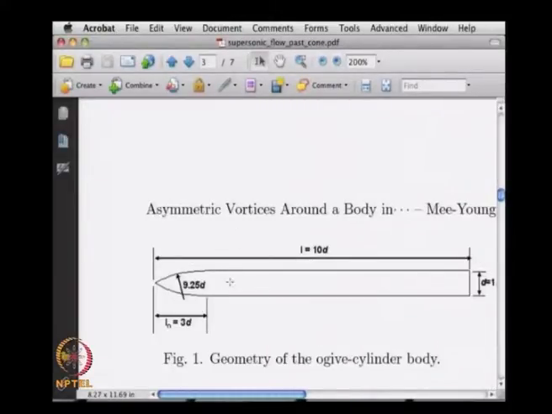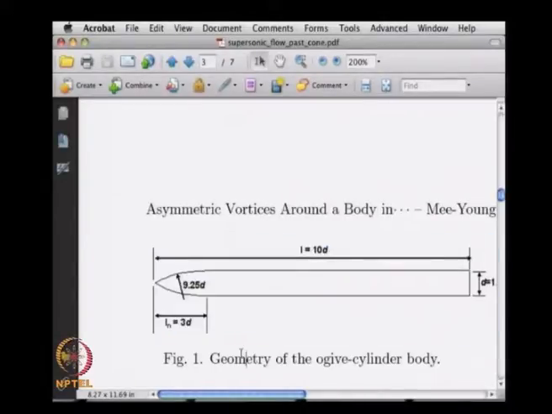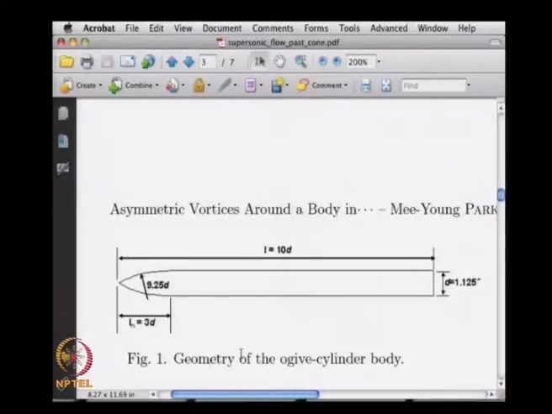This is for the cylinder that they are considering, which is the ogive cylinder that they are talking about. You can see here you have a pointed nose or cone, so it is similar to what we have been studying so far, isn't it. L is 10 D. This D is basically this whole length out here.